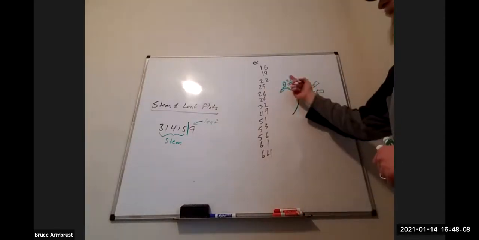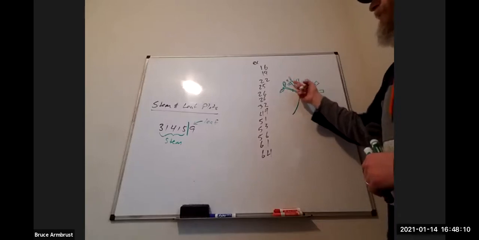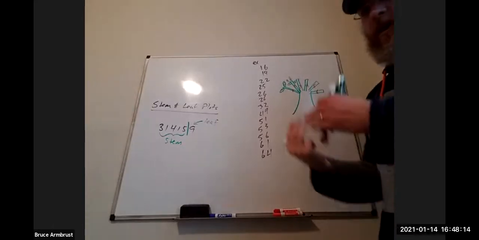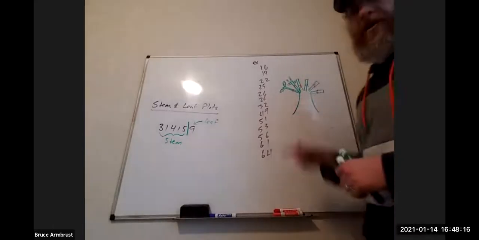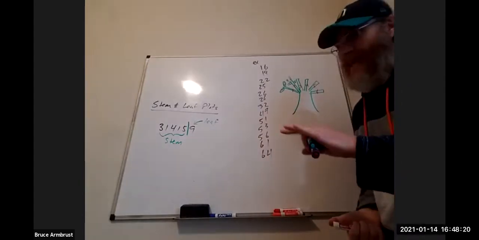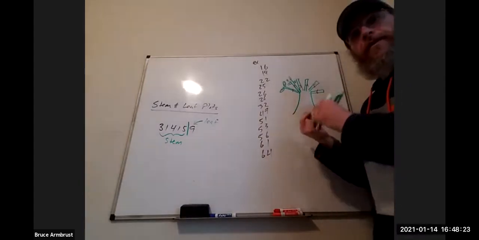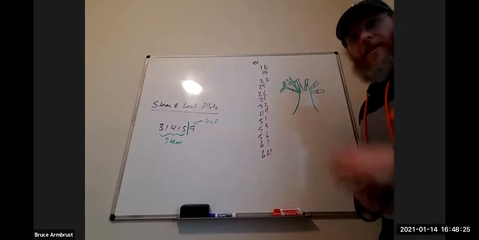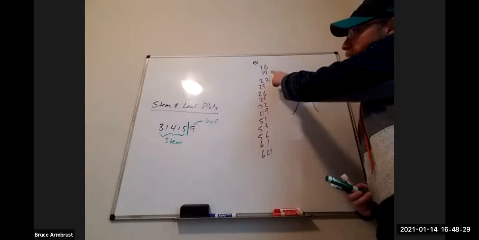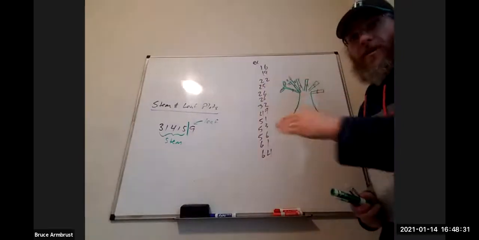So going out that stem, we get 22, 25, 26, 26. And so on and so forth. If we were to draw this little tree picture, and just so you know, the tree is not a stem and leaf plot, but this is why it gets that name. You can think of that stem as coming out, and then each of those last digits gets its own leaf off of that stem.